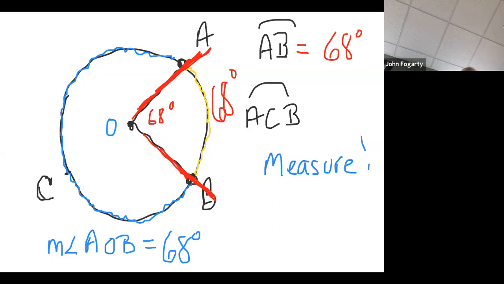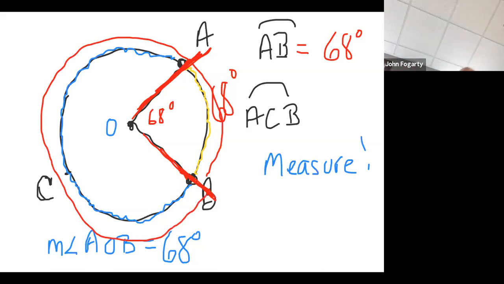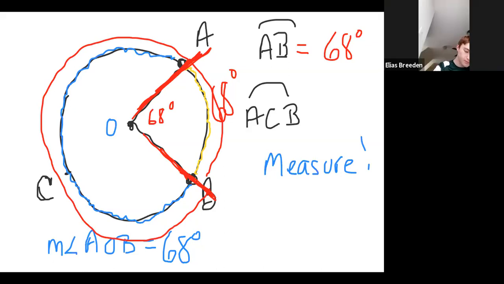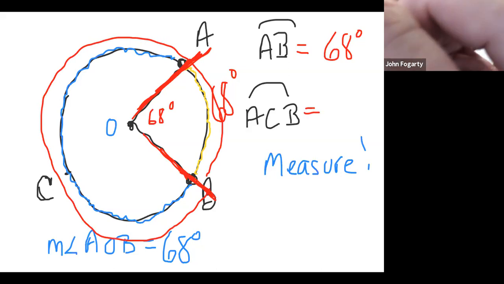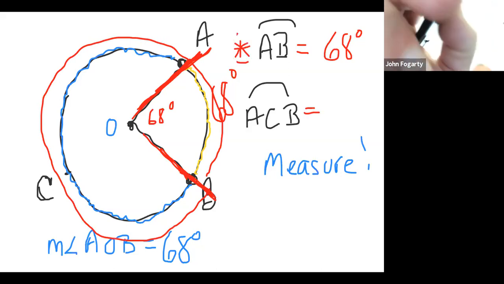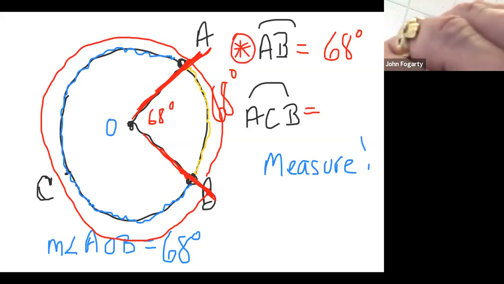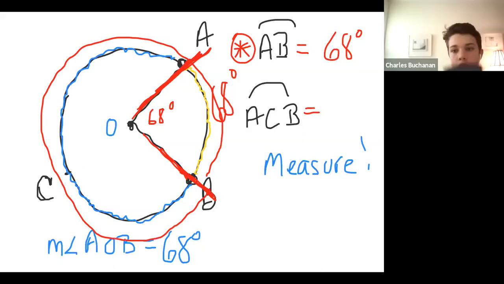Now, if I started here and I went all the way around the circle, how many degrees is that? 360. So now you're going to use your intelligence and tell me, if arc AB measures 68 degrees, what does arc ACB measure? 292.